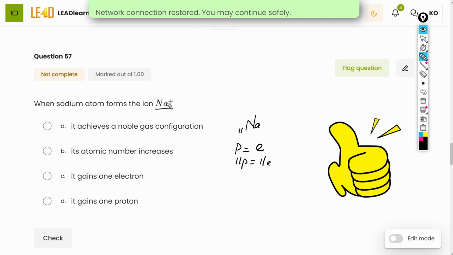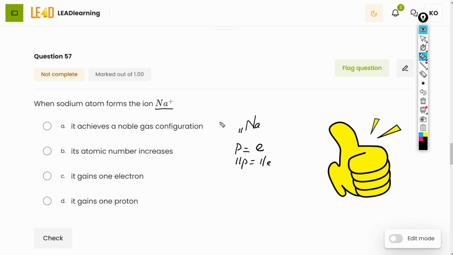Now we are looking at the sodium ion. That means the sodium ion has a positive charge, a plus. What this tells us is that there are more protons than electrons, and it's just a plus, so it's a +1. It means that it has 1 proton more than electrons.